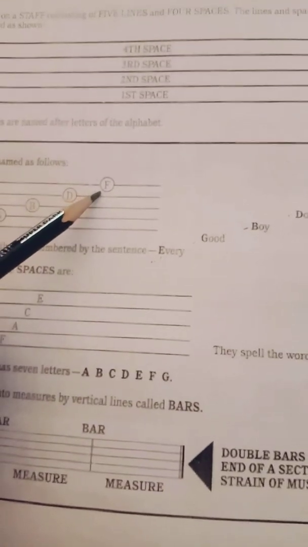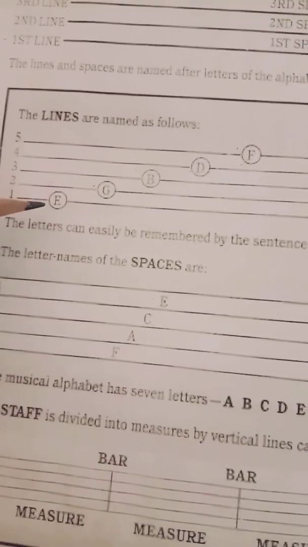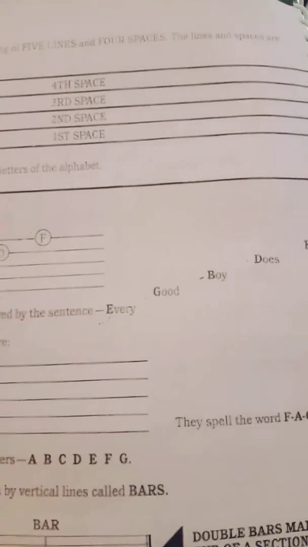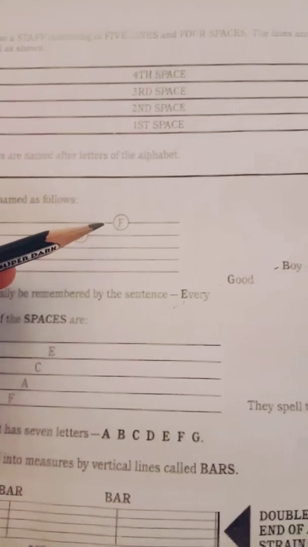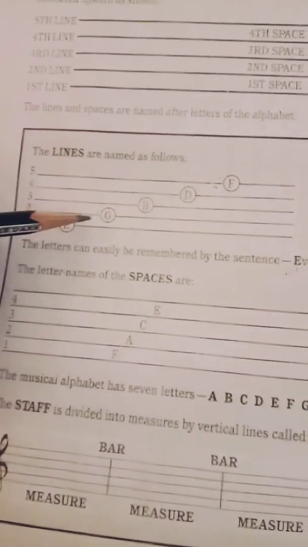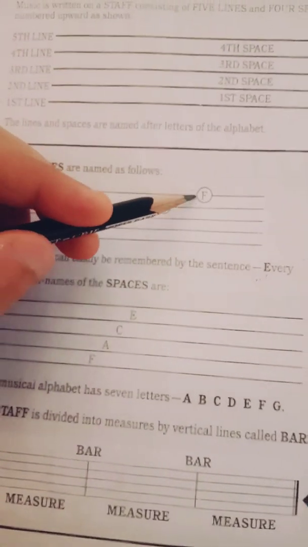And the fifth line, F, corresponds to the word fine. So an easy way of remembering the notes on the lines is: every good boy does fine. Let me just say it again. Every good boy does fine.